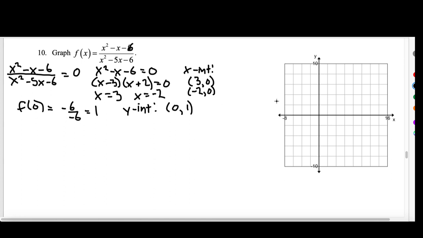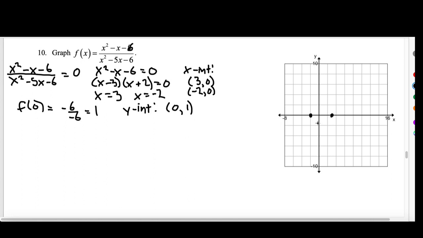Okay, and I could actually even start plotting those over here if I want to. So negative, let's see, 2, 4, 6, 8. So these are actually increments of 2. So negative 2, 0 is the point right there. 3, 0 is right there.